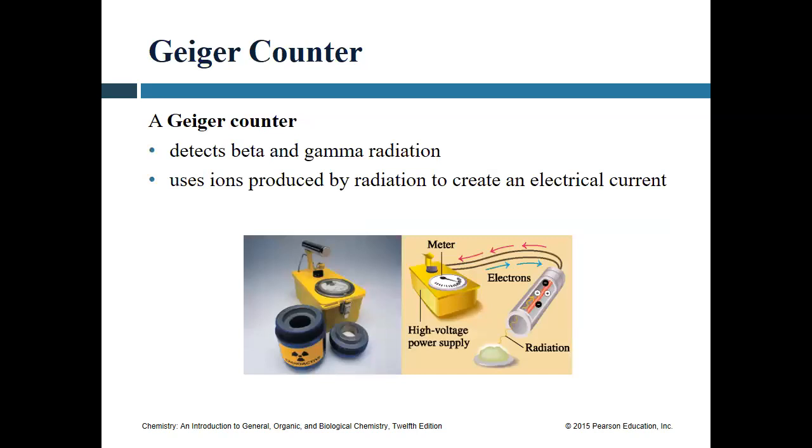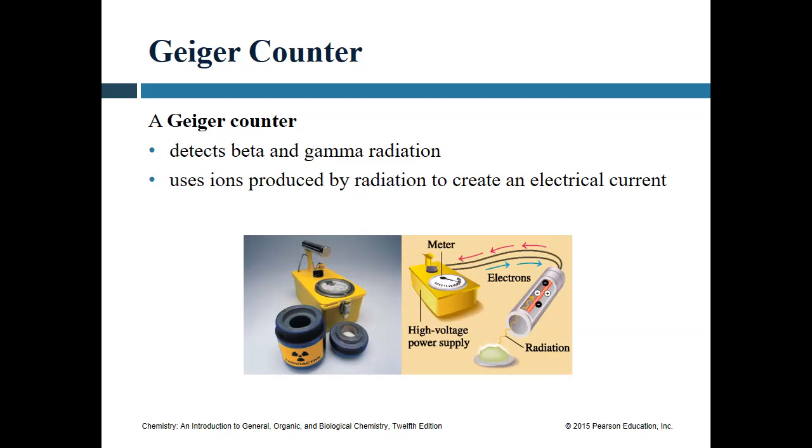But basically how a Geiger counter works is it actually can detect all forms of radiation, not just beta and gamma. But what happens is it uses the interactions between those particles and its electrodes to monitor when ionization is taking place.